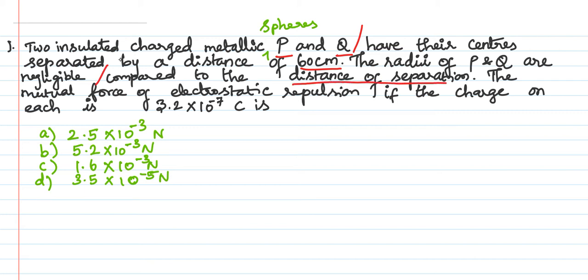So this is also important for us. The mutual force of electrostatic repulsion if the charge on each sphere is 3.2 into 10 to the power of minus 7 coulomb. So let us see how to proceed with the steps.